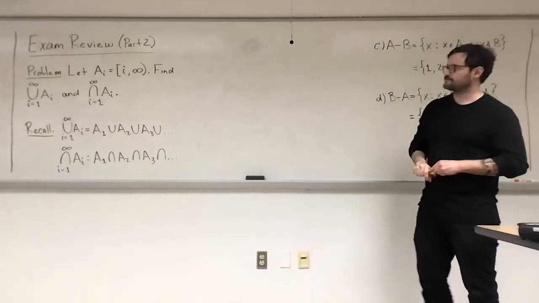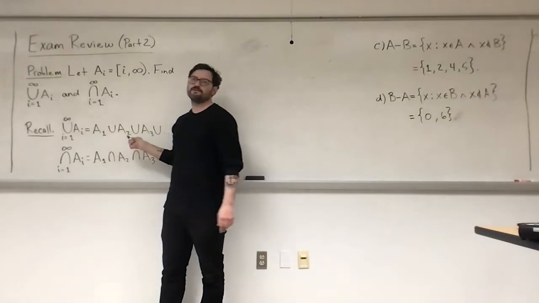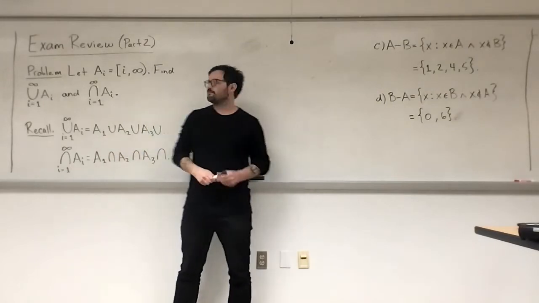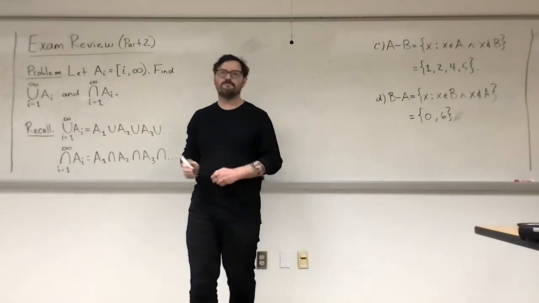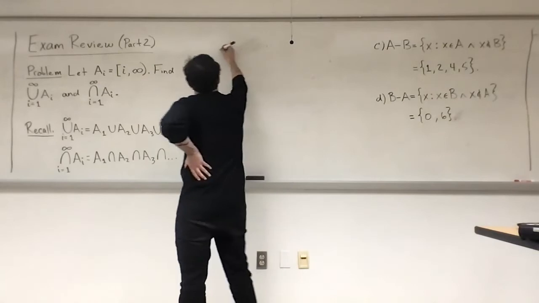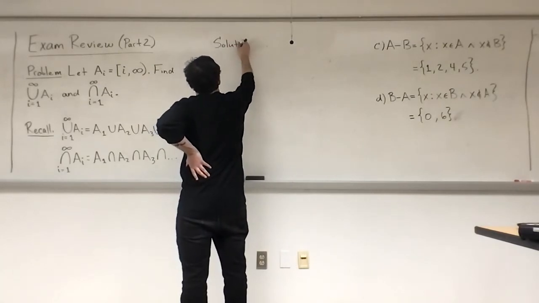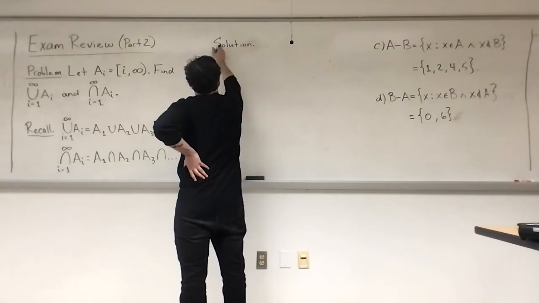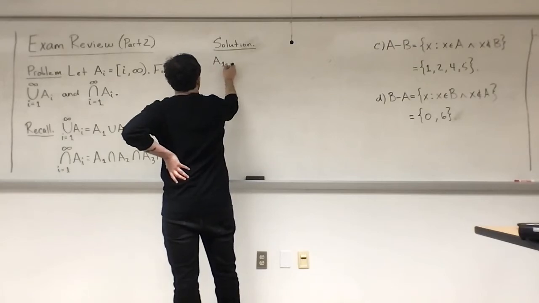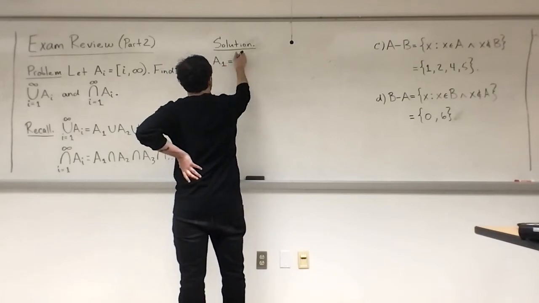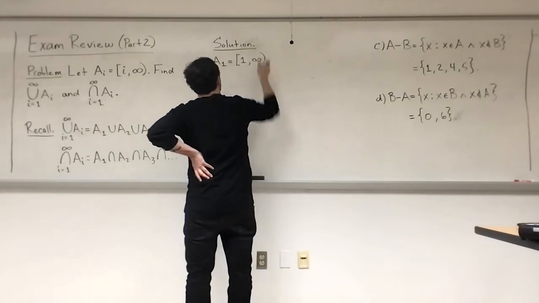But in order to understand this, we need to understand what the A's are first, right? So if we put whatever i there, A1 is equal to the half open interval 1 to infinity.